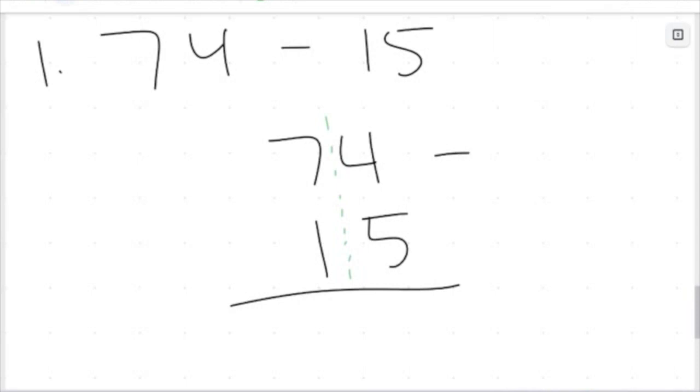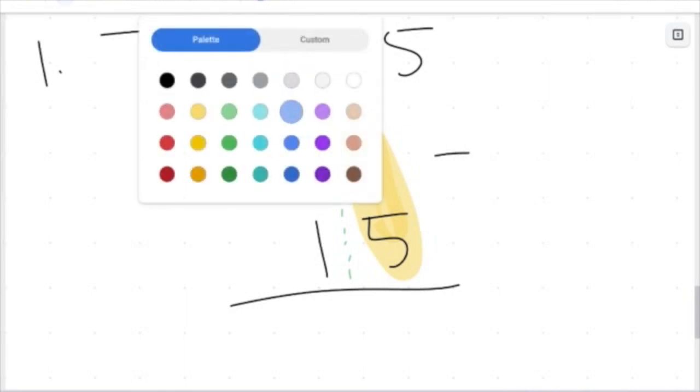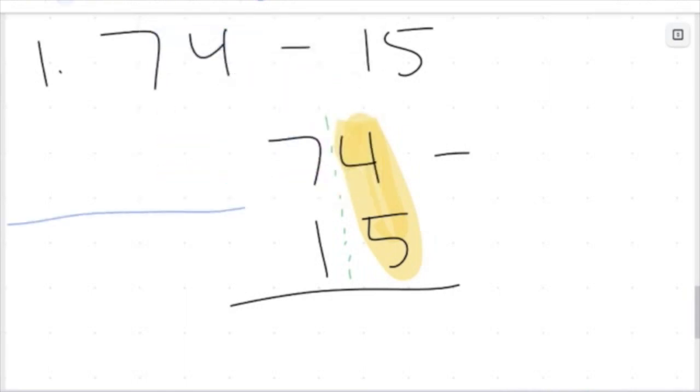Now, you may notice if you try to go about this, in this column here, I'm subtracting 5 from 4. That's a bit odd because if I look at my number line, 4, 3, 2, 1, 0, remember we said when we subtract, we're going to the left direction of our number line.